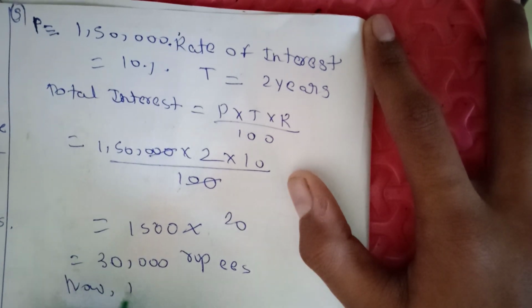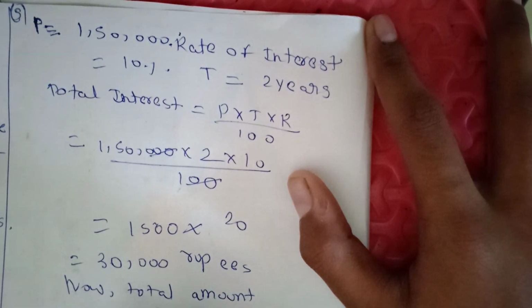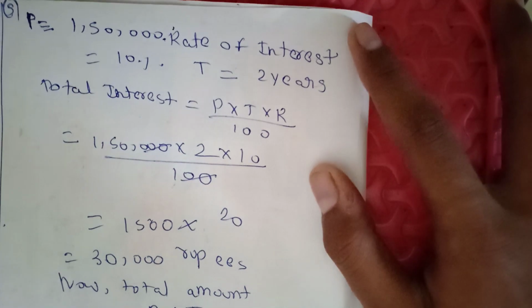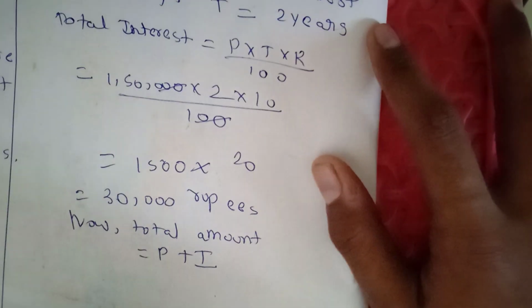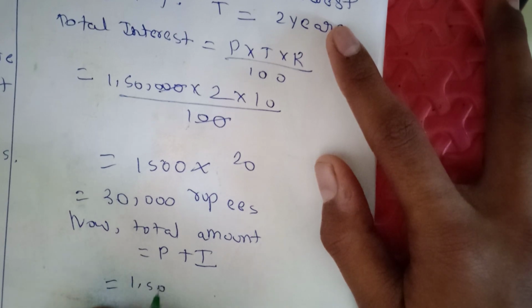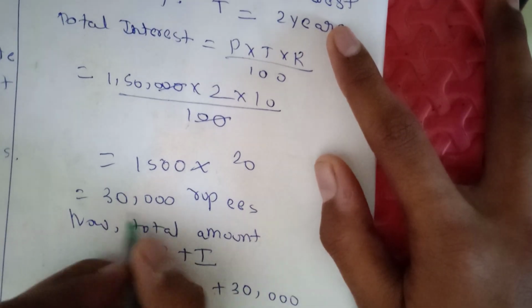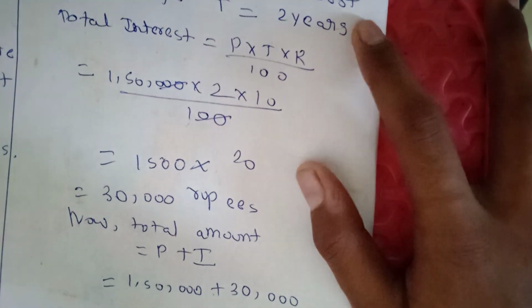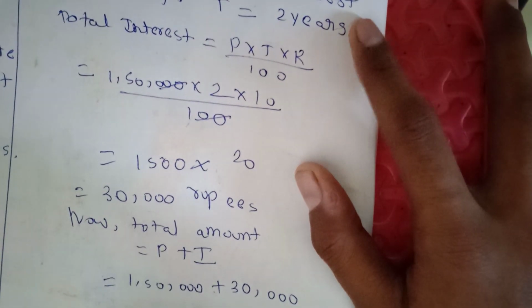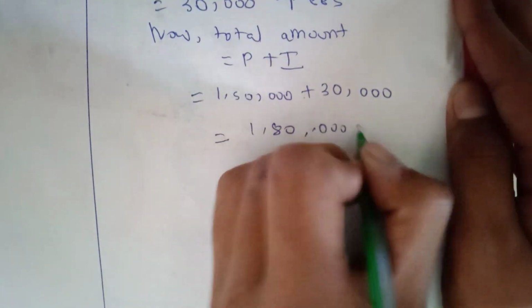Now total amount is equal to P plus I. To find the total amount we add principal plus interest. I am writing in short form, principal plus interest, that's P plus I. So 1,50,000 plus 30,000, we got the interest as 30,000. So it is equal to 1,80,000 rupees.